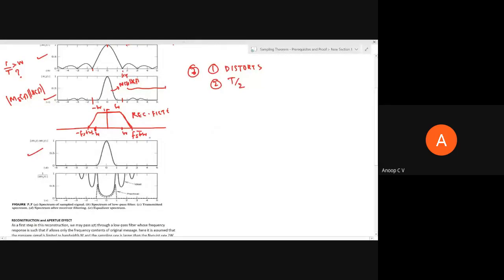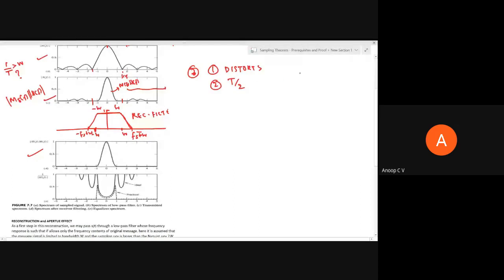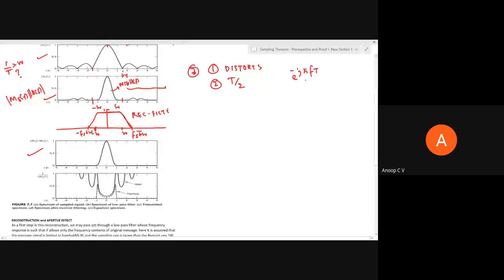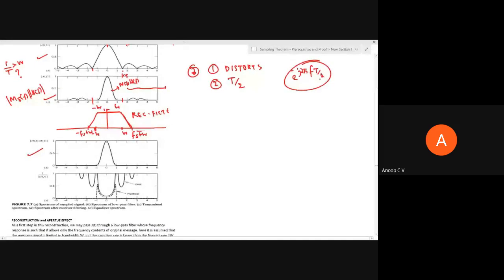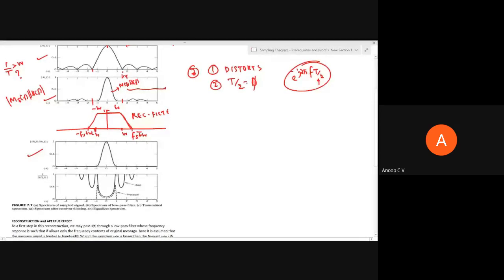That additional time delay comes from the actual spectrum getting multiplied with e power minus j pi f T. If you write it as e power minus j 2 pi f T by 2, this is equivalent to a time shift of T by 2 in the time domain. You can think it through. So it provides a shift of T by 2.